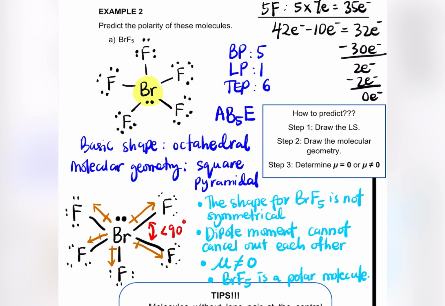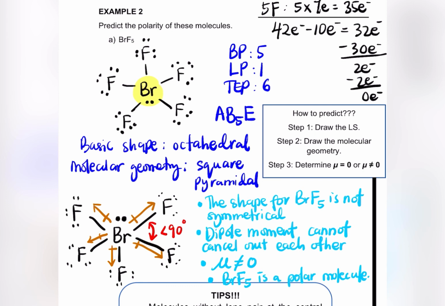So seperti mana yang saya bagi contoh di sini, awak kena lihat berdasarkan shape untuk molecular geometry. So awak tak boleh berhenti sampai Lewis structure sahaja, awak kena continue sampai awak dapat shape molecular geometry yang betul. Sebab Lewis structure tidak menunjukkan bentuk yang sebenar untuk molekul tersebut.